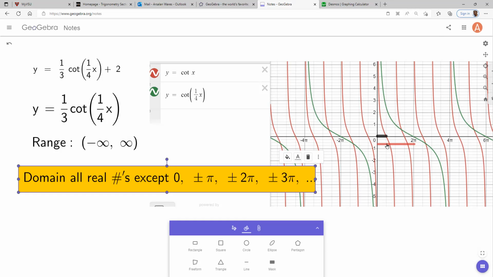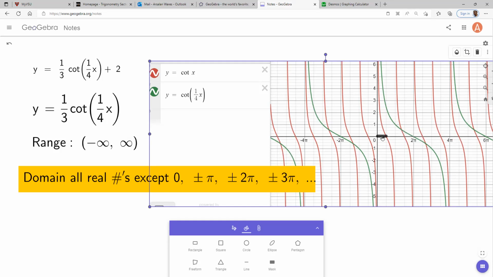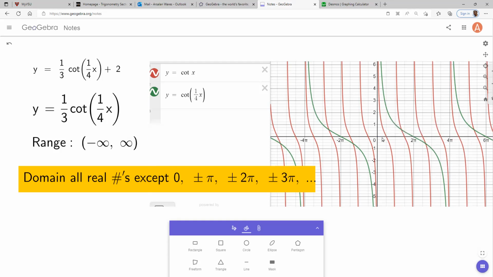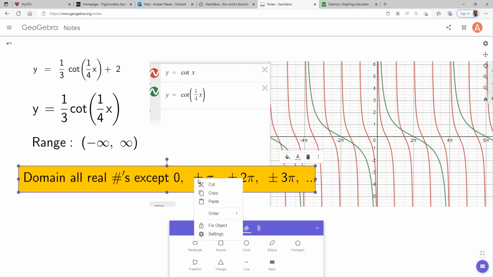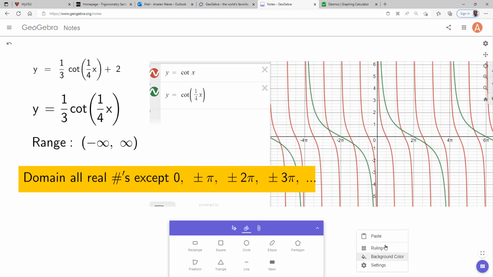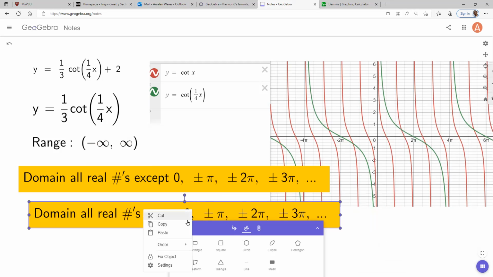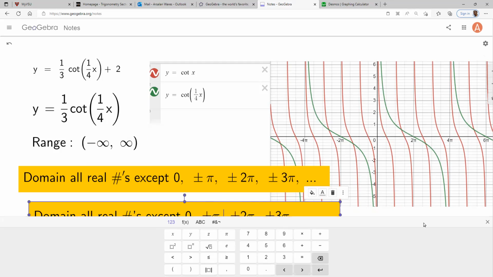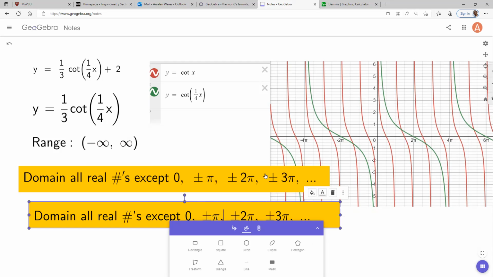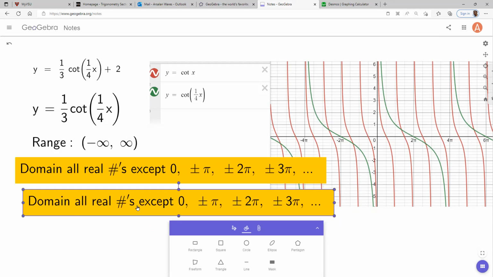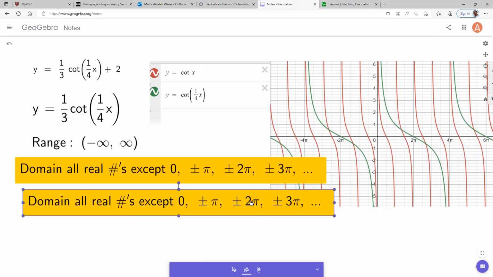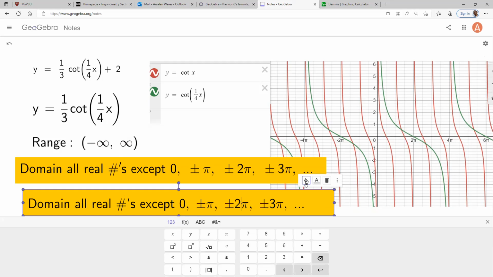Let's copy this. I don't need this. Let's copy this. And let's fix it. Okay.